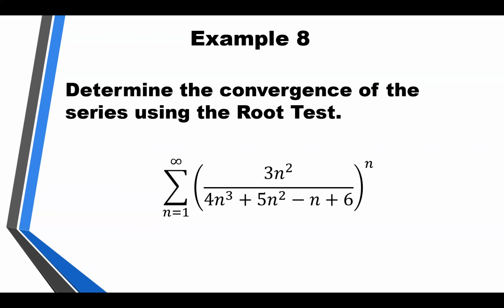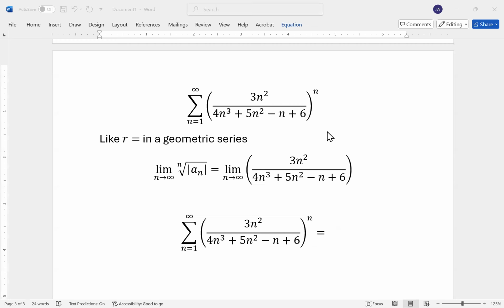And therefore, this infinite series converges. Let me just write that down. If I'm doing this informally, I would say R is approximately 0, or you can even say R is equal to 0 in a geometric series. And in a geometric series, anytime R is less than 1, this converges.